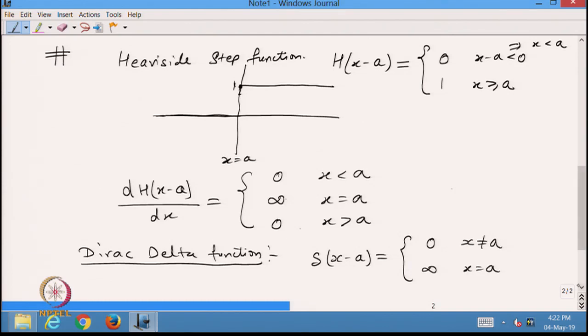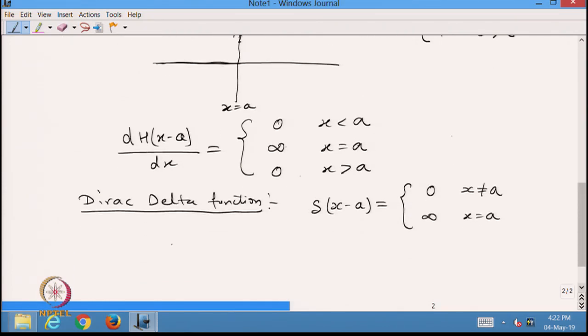So from here I can say that the Dirac delta can also be written as the derivative of the Heaviside function, d h by dx.